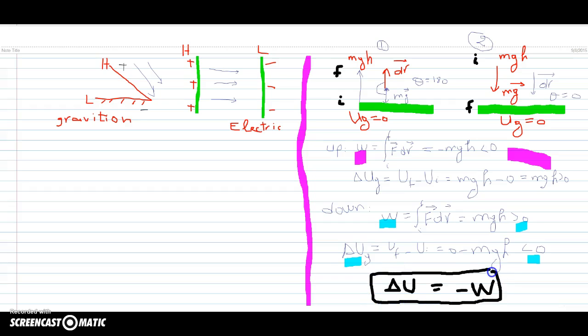Now, the negative work of what? The conservative work. So any force that has this characteristic, where the change in potential is equal to negative work, is called conservative force. And we are going to see the meaning of this in vector form.